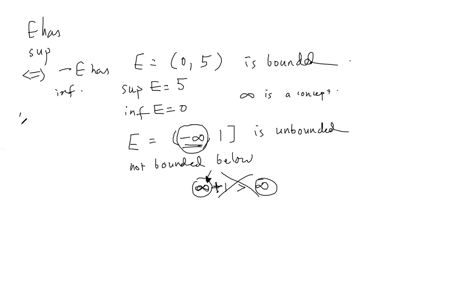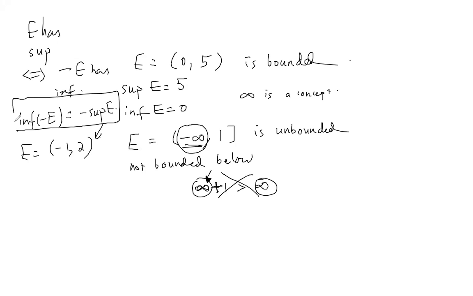And then infimum of minus E is equal to minus sup of E. You can look at some examples, like for example, if you have E equal to something like this, then E has a supremum, right? Clearly it has a supremum, right? So if and only if this has an infimum, and this is true. And you can actually check this very easily, okay?